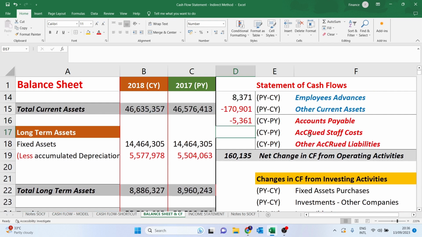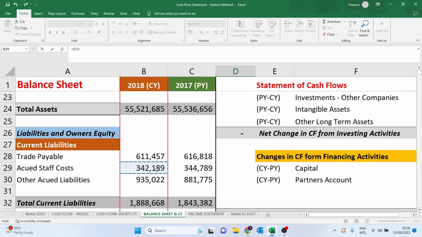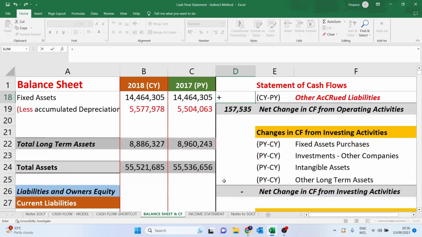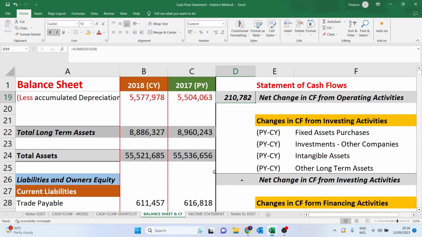Same way, we will take accrued staff cost, current year minus previous year, and other accrued liabilities also current year minus previous year. Other accrued liabilities current year this amount and previous year 881.